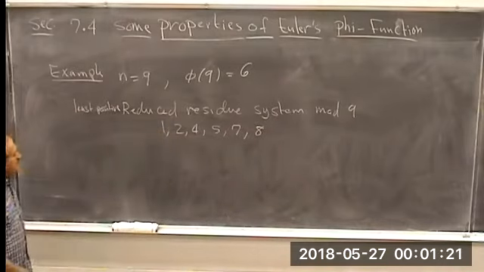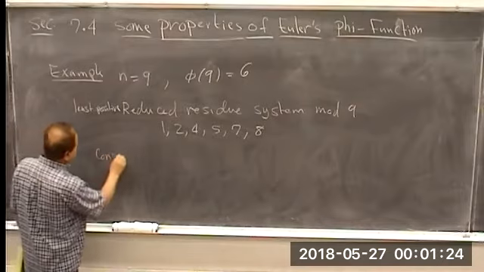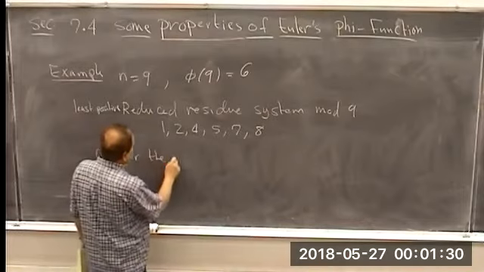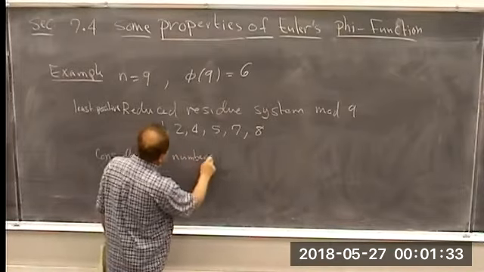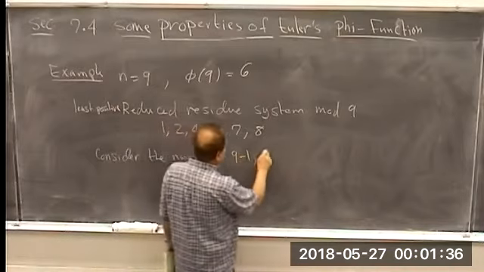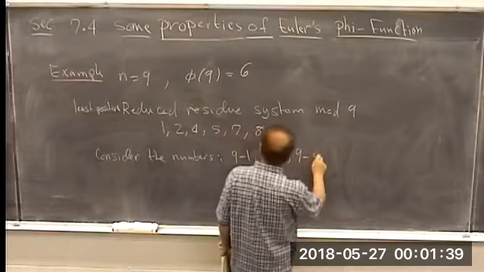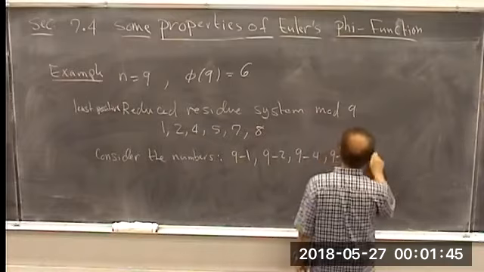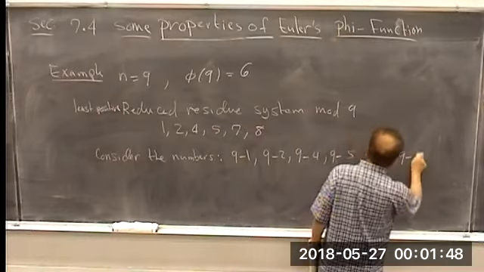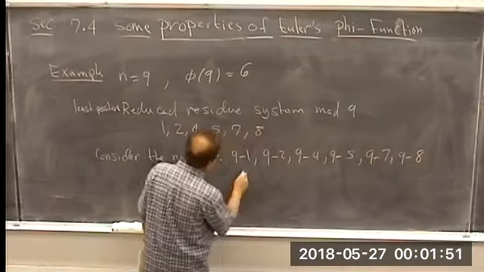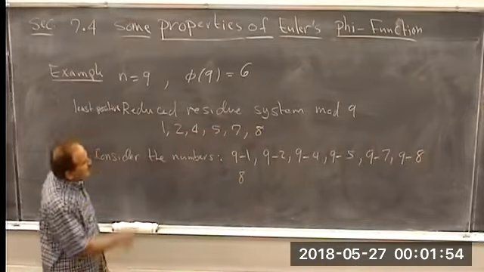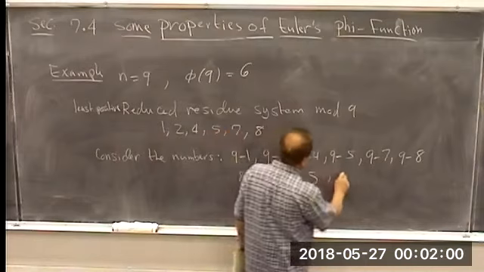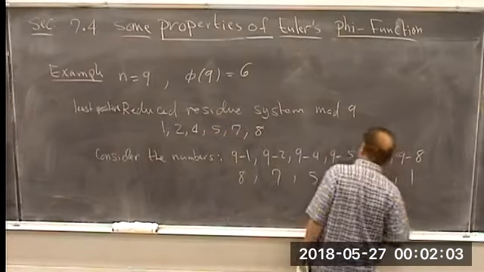Right? Then we can consider these numbers: 9 minus 1, 9 minus 2, 9 minus 4, 9 minus 5, 9 minus 7, and 9 minus 8. Now, when we calculate these, as you guess, we're going to get the same numbers in reverse order. So we're going to get 8 here, 7, 5, 4, 2, and 1.